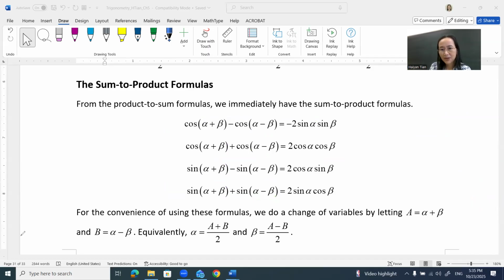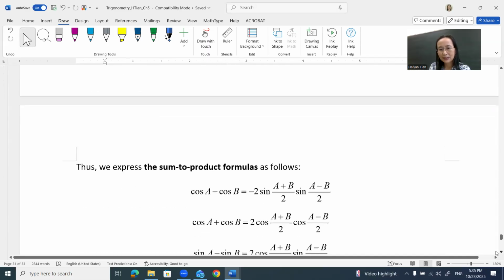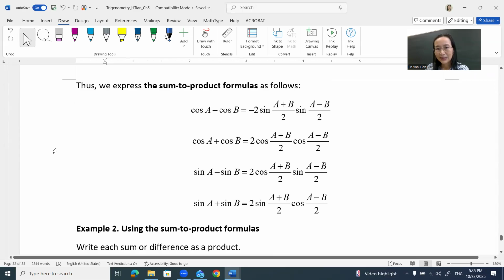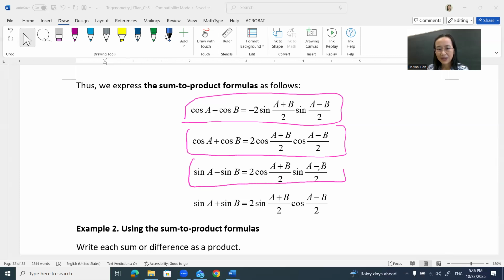So that's the process. After we do this analysis, this is a clean version of the first formula. And then for the second formula, we change alpha and beta in terms of A and B. So you see alpha and beta are all replaced, and of course alpha plus beta and alpha minus beta are also replaced.